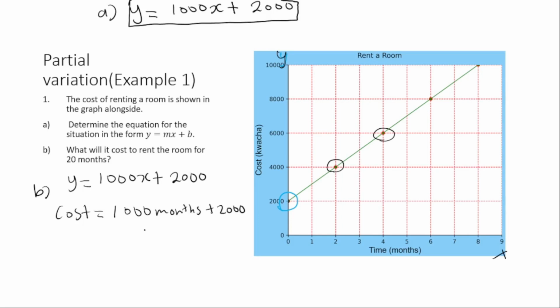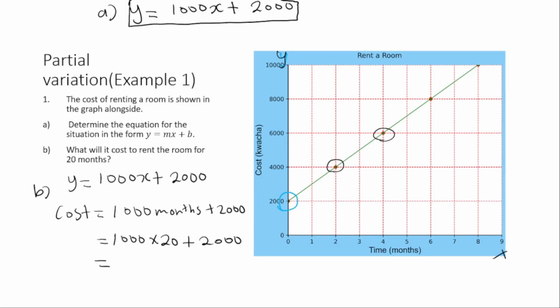What we need to find now is the cost when we have been staying in this room for 20 months. So all we need to do is substitute the 20 where there is a month. We'll have 1,000 multiplied by 20 plus 2,000.